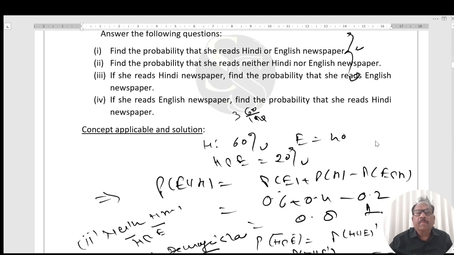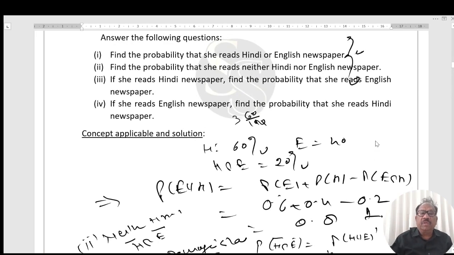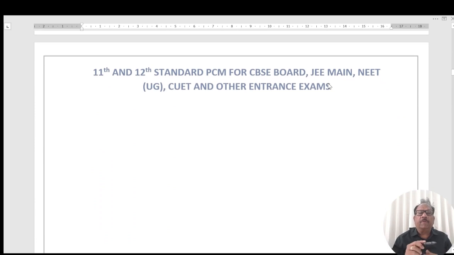Third part: if she reads Hindi, find the probability that she reads English. This is a case of conditional probability.